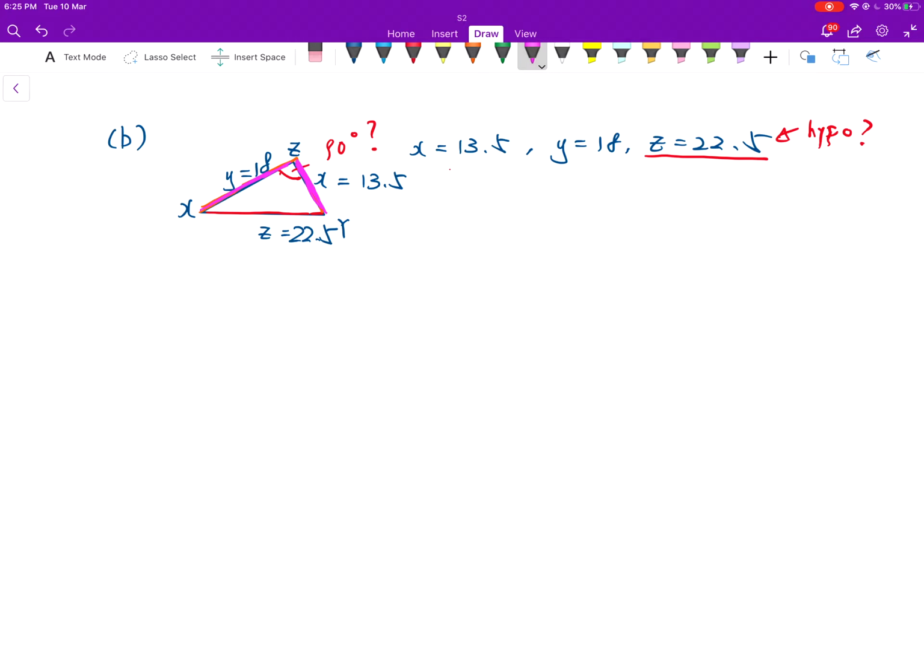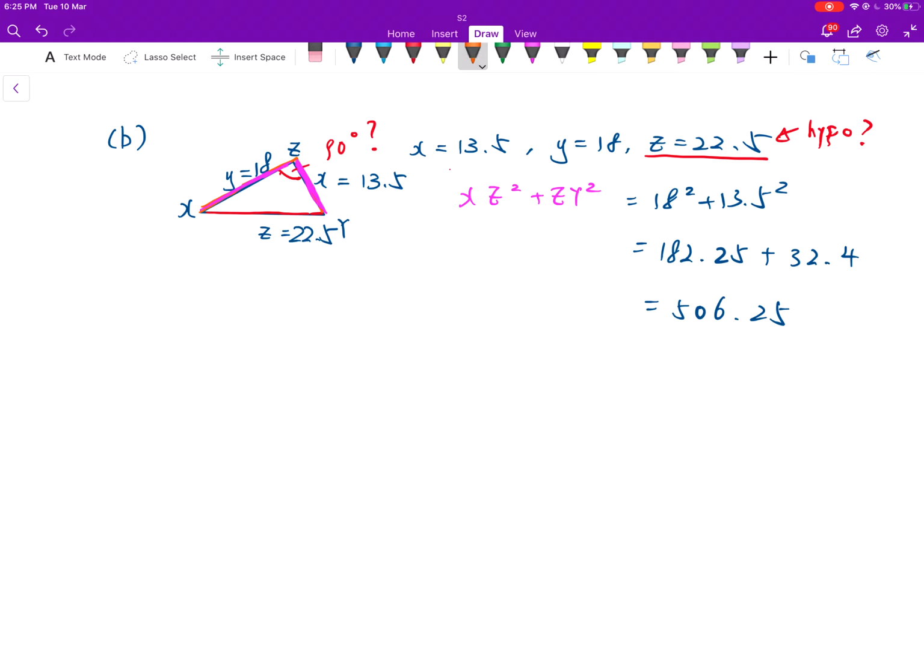We check the lines adjacent to the angle that is more likely to be 90 degrees. So we will check xz squared plus zy squared, which equals 18 squared plus 13.5 squared. After calculation, we find this value.